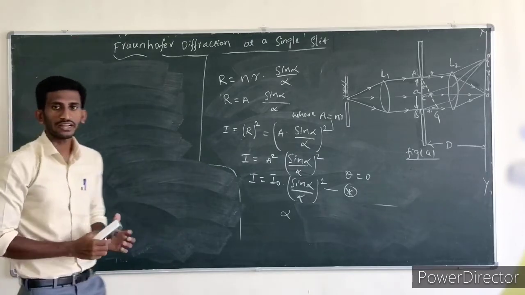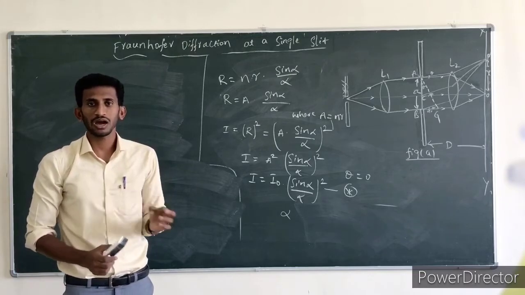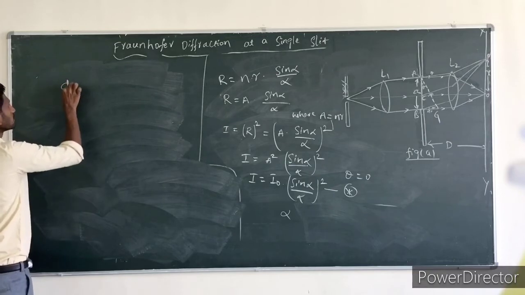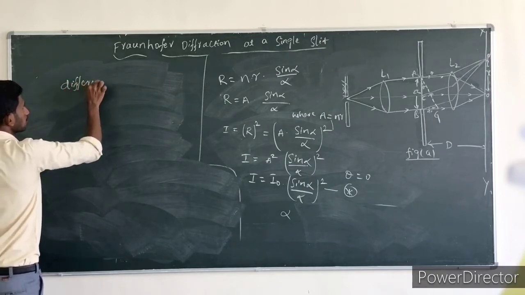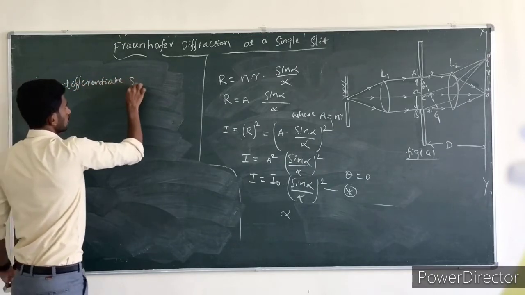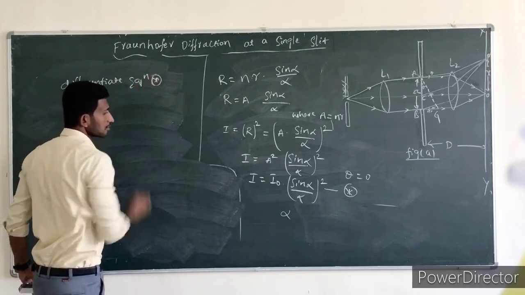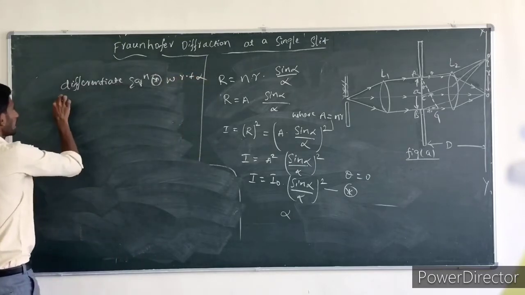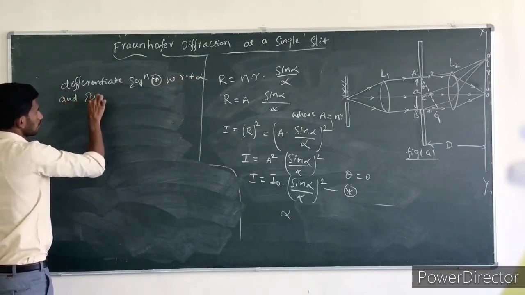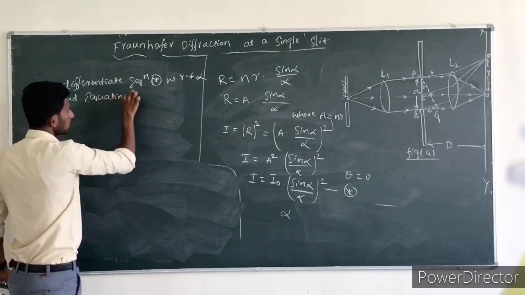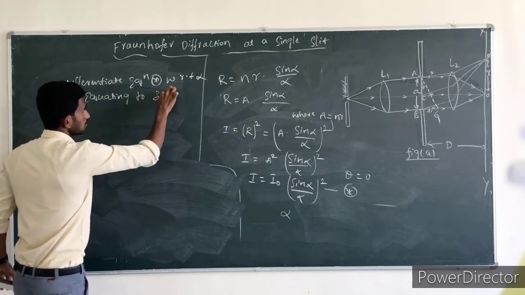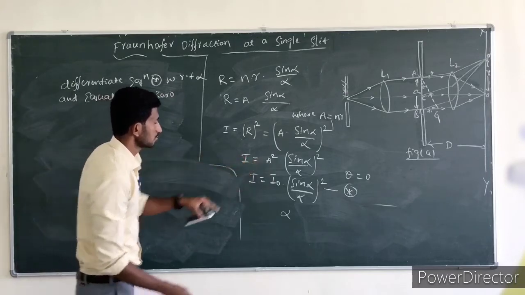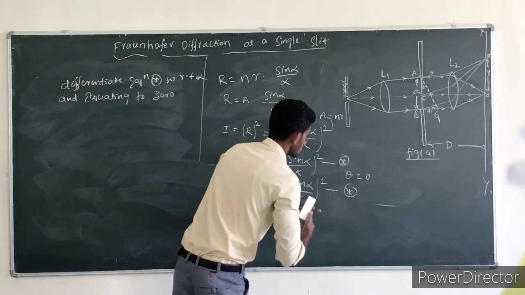Now if I want to find the maxima and minima at point P, we have to differentiate equation star with respect to alpha and equate to 0.